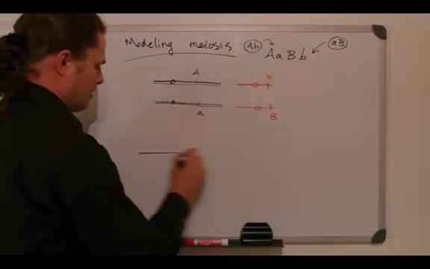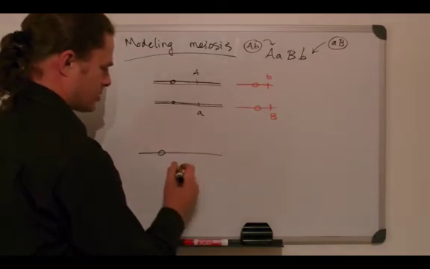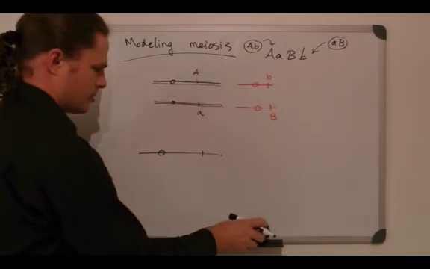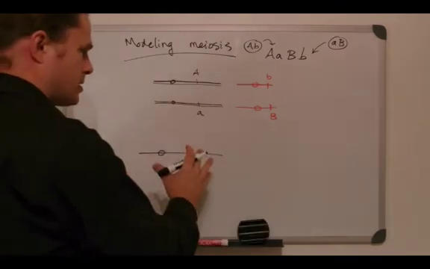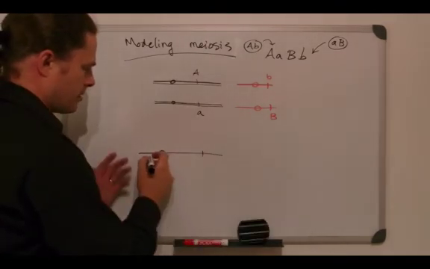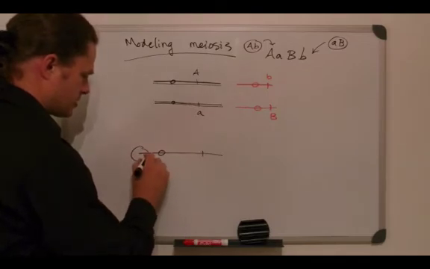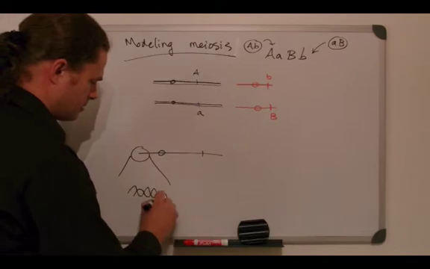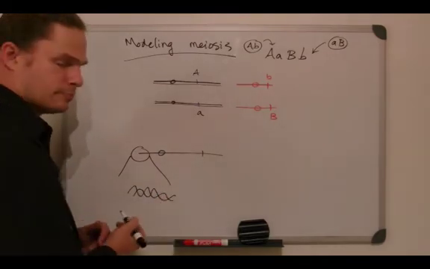Now, maybe just to take a little bit of a digression here for a second, what would we see if we could actually zoom in with a microscope and see what we're representing here? If we sort of take this and blow it up, this is a double-stranded molecule.